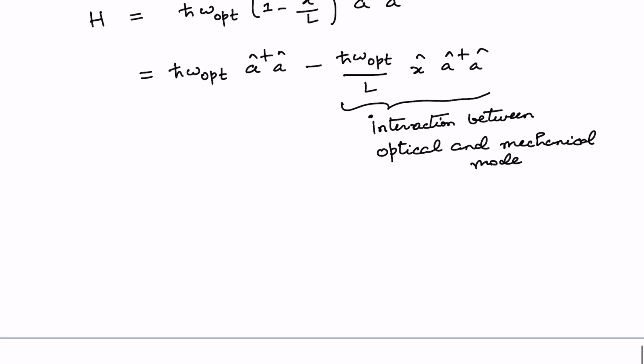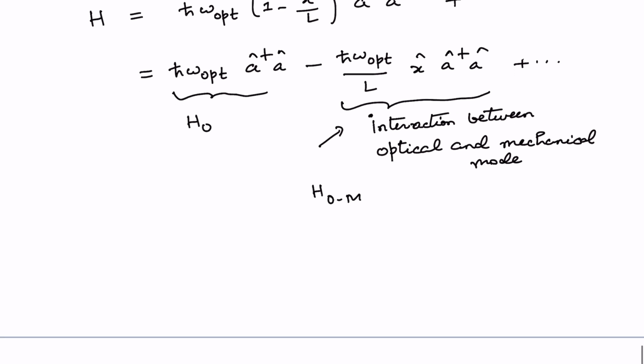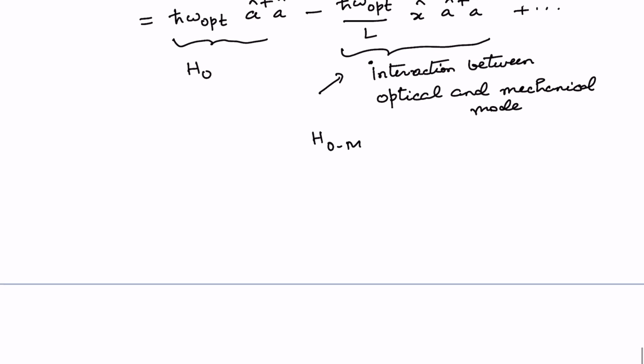Okay, so what we have already out of the total Hamiltonian: all the other terms are also there in the Hamiltonian. Here the first term refers to H optical, and this term refers to H optomechanical, the optomechanical interaction. What about the mechanical mode?